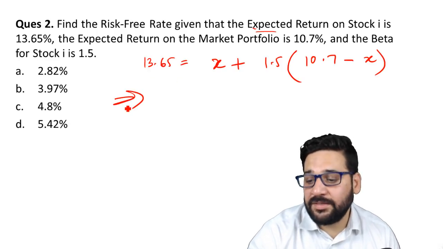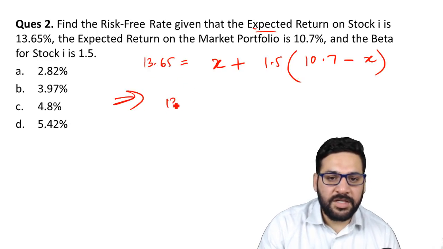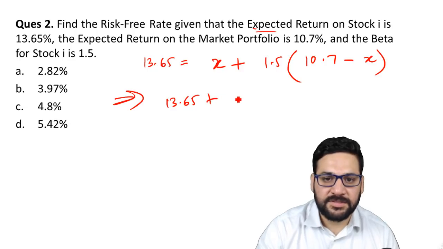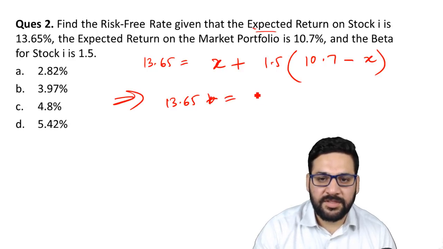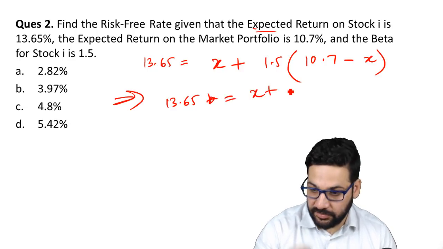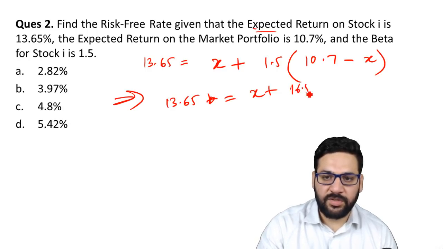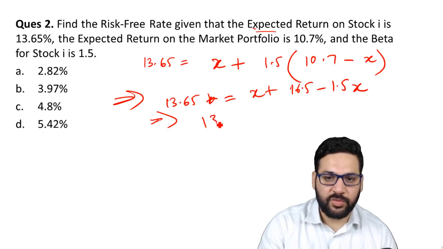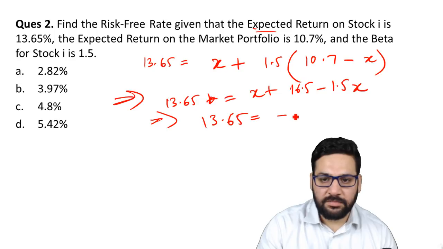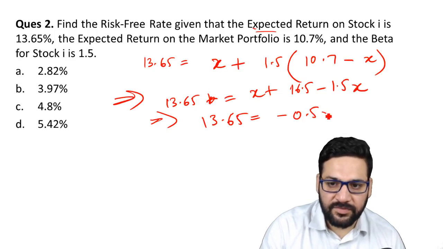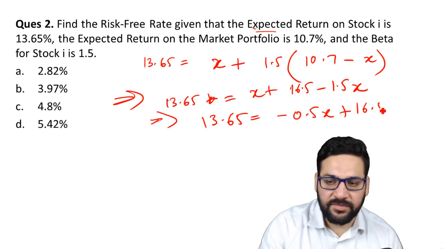So fairly simple now. 13.65 is equal to X plus, if you multiply it here, it becomes 16.05 minus 1.5X. So 13.65 is equal to minus 0.5X plus 16.05.